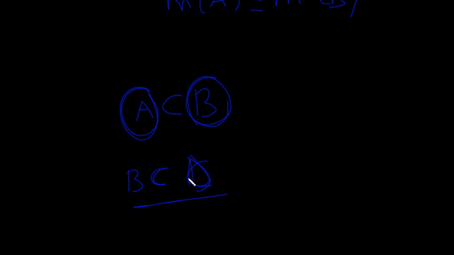Once you have a set contained in a set which is contained in a set, the outer measure of the biggest should be greater than or equal to the outer measure of the smallest.